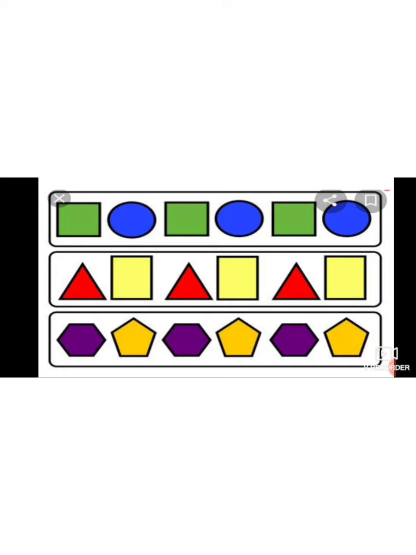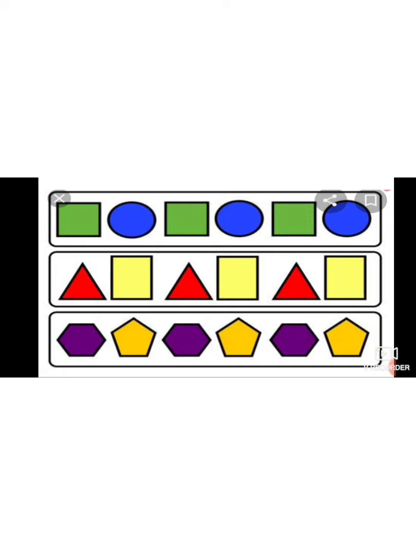Now automatically you know the next one will be a green rectangle and then a blue oval. Same with the triangle, square, triangle, square, triangle, square. Red, yellow, red, yellow, red, yellow. So automatically the next pattern will be a red triangle and a yellow square.